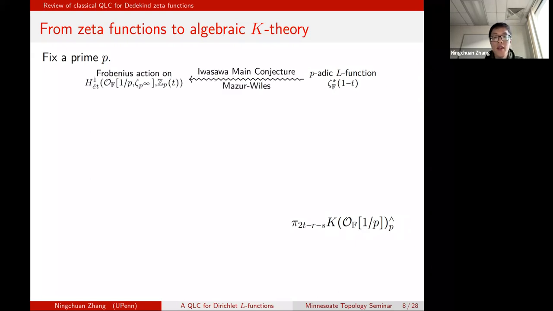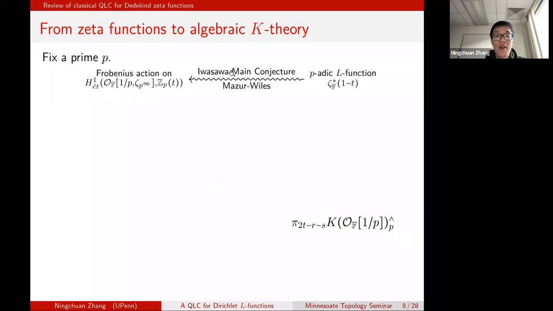The first step is Iwasawa theory in number theory. Mazur and Wiles proved the Iwasawa main conjecture, which says, if you consider the étale cohomology of the ring of integers of F, and you invert p and add all p-power roots of unity to it, then on this side there will be a Galois action, or Frobenius action.